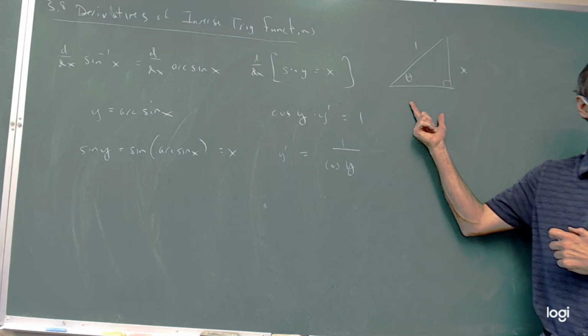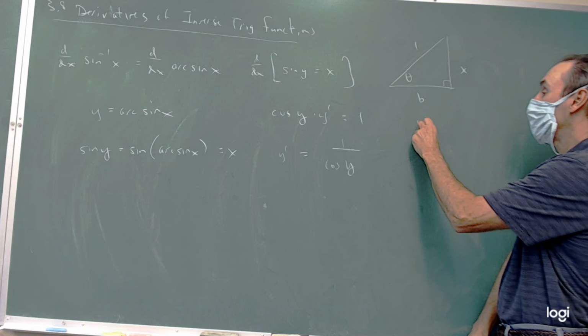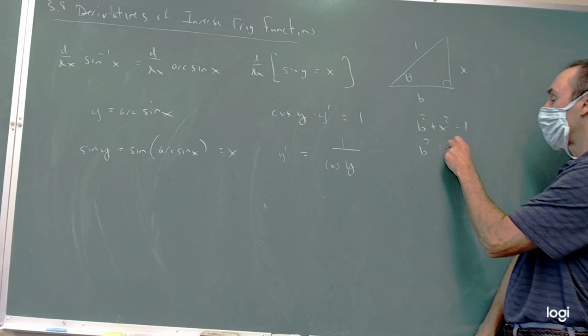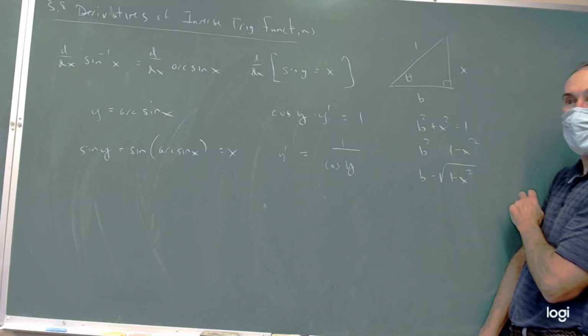So now the Pythagorean Theorem: if I call this side b, we have b squared plus x squared equals 1 squared. B squared is 1 minus x squared. B is the square root of 1 minus x squared.